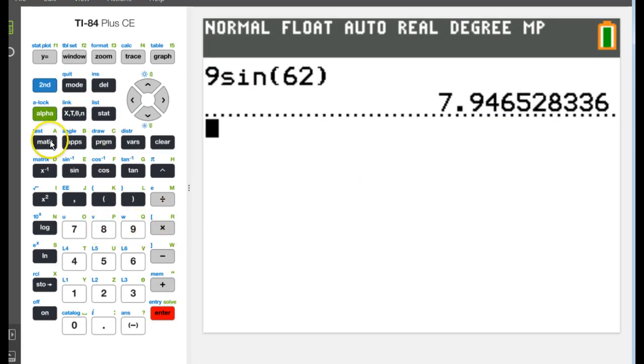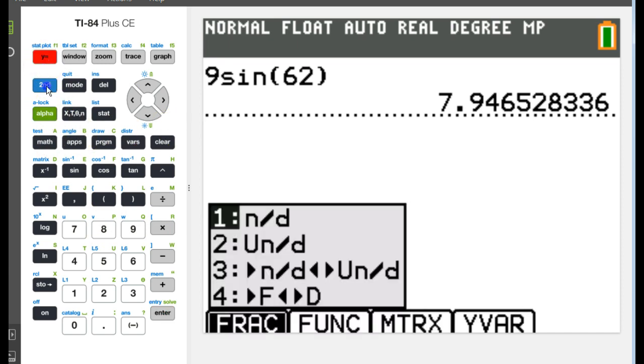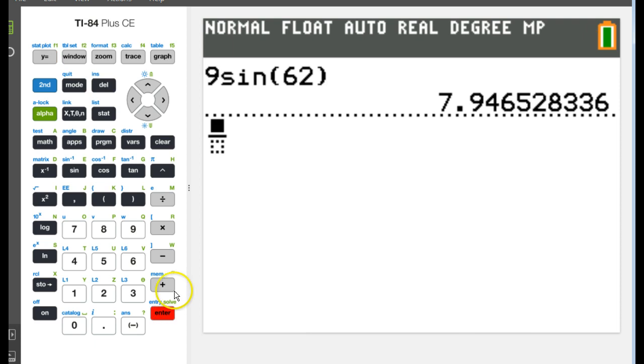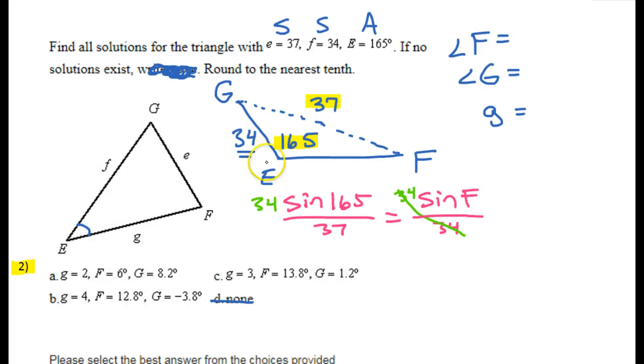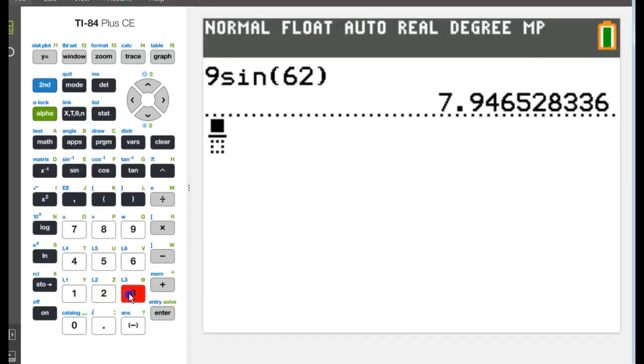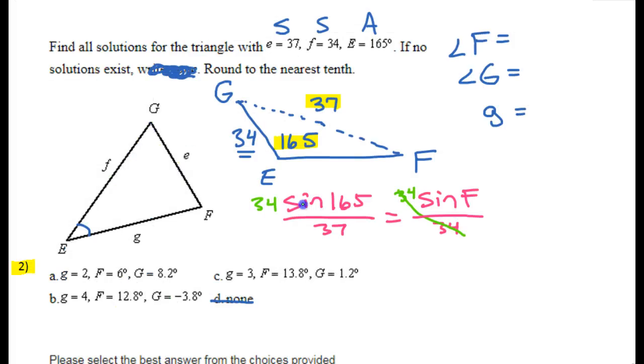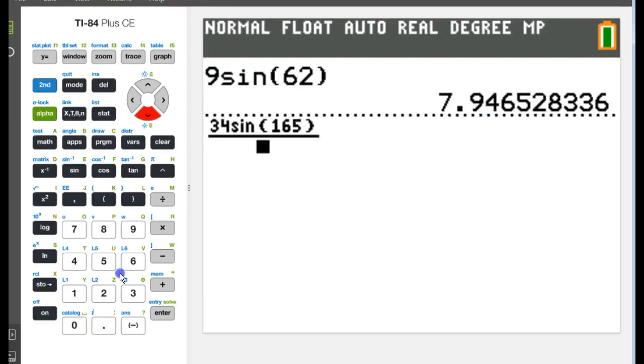Here's how you make a fraction on this calculator: if I hit alpha y equals enter, I get a nice fraction. So now I can type 34 sine 165 over 37.